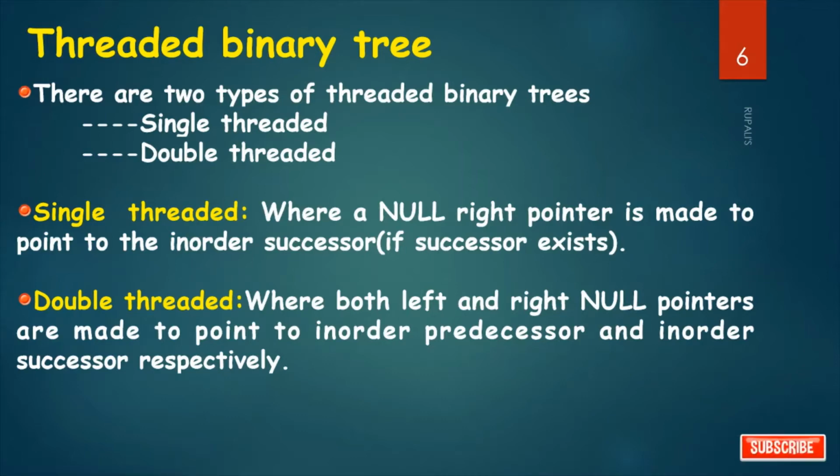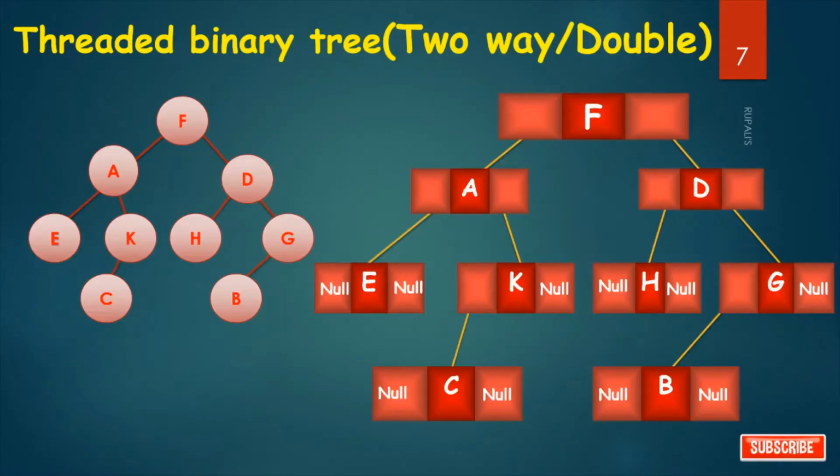I am taking one example, then it will be more clear for you. There are many ways to thread a binary tree. Each threading will correspond to a particular traversal. Also, one can choose a one-way threading or a two-way threading. Now we will learn two-way threading. Unless otherwise stated, our threading will correspond to the in-order traversal of the tree.